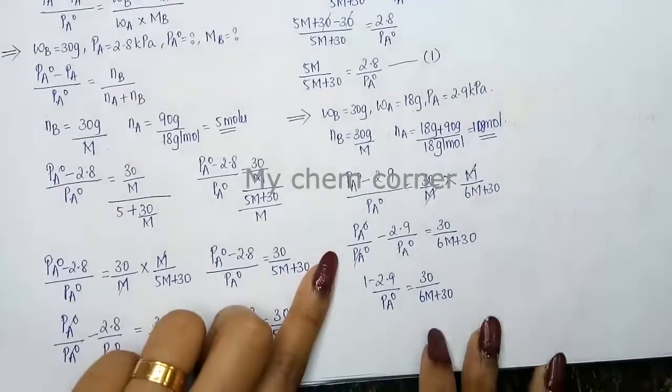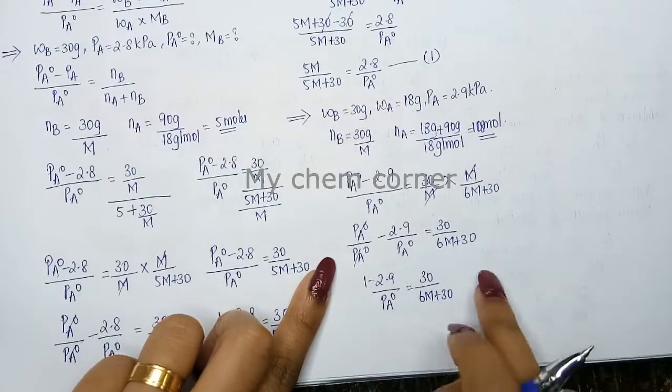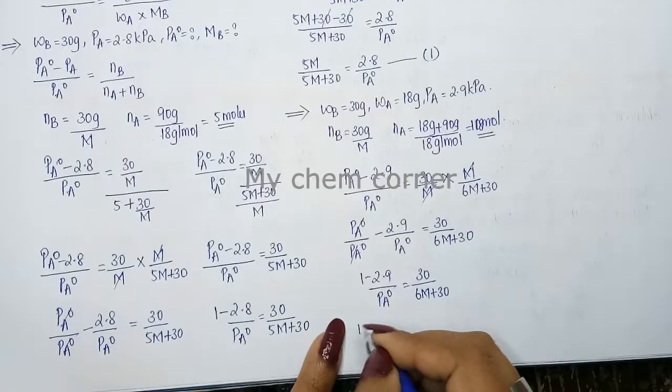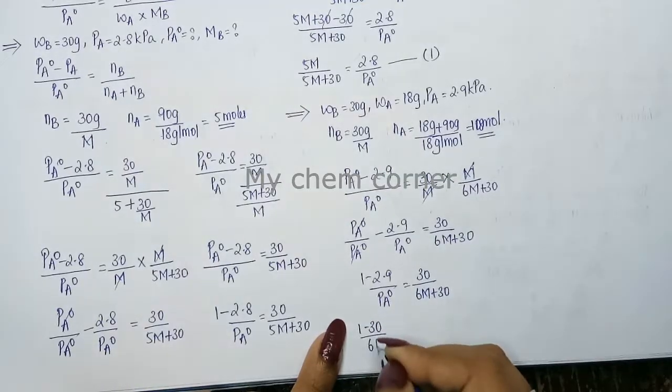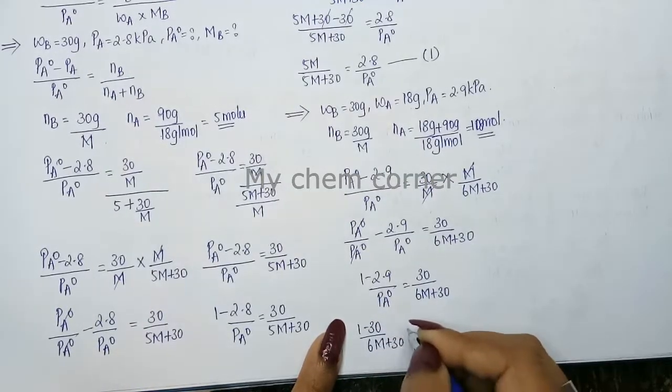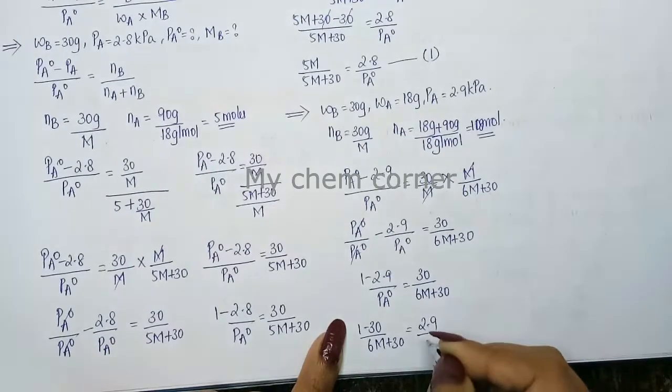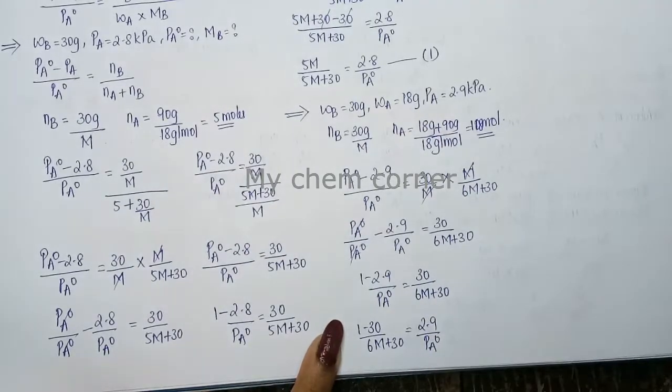Now what I will do is separate this term on one side. So that will become 1 minus 30 by 6M plus 30 is equal to 2.9 by PA naught.